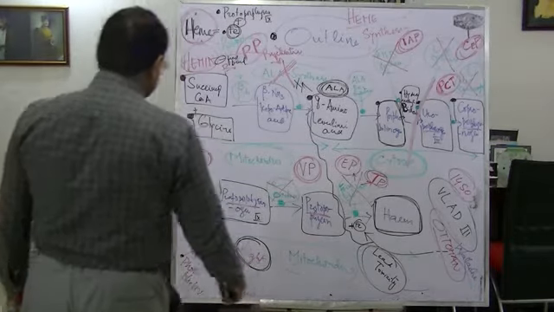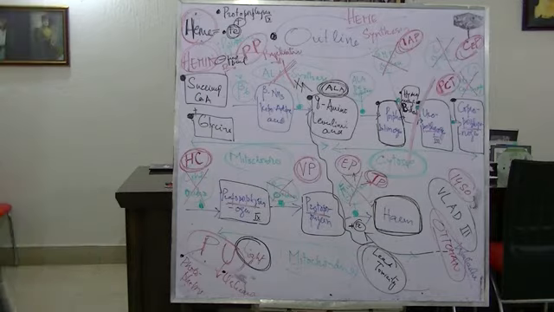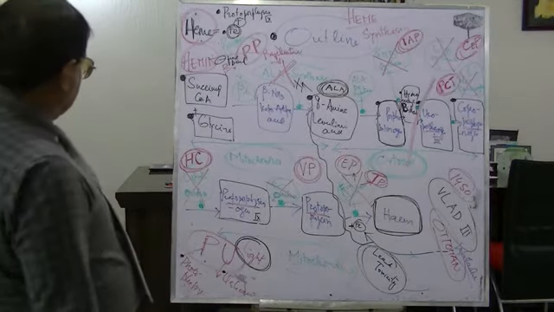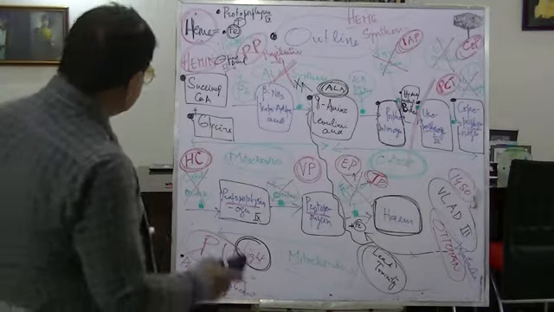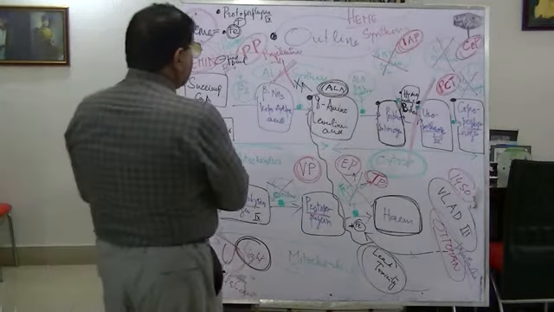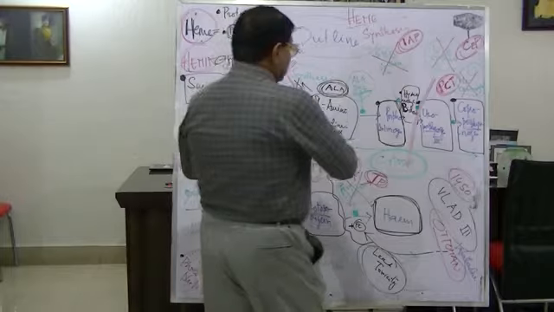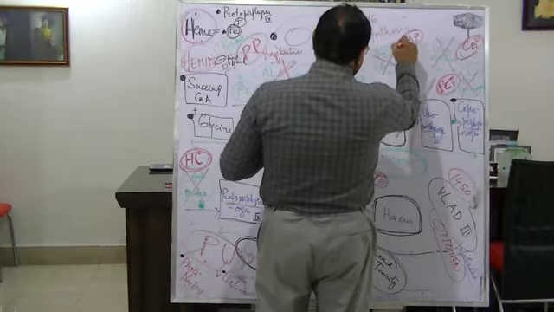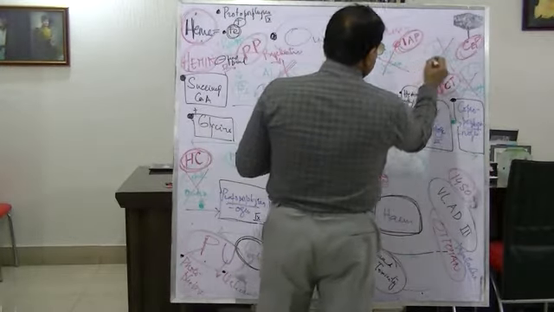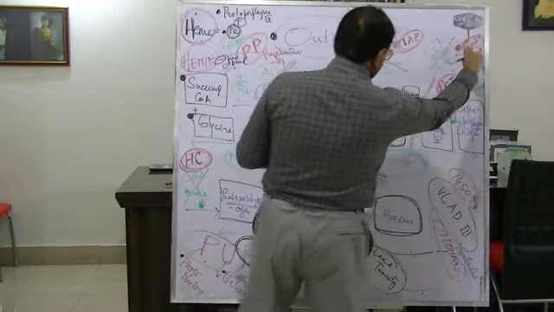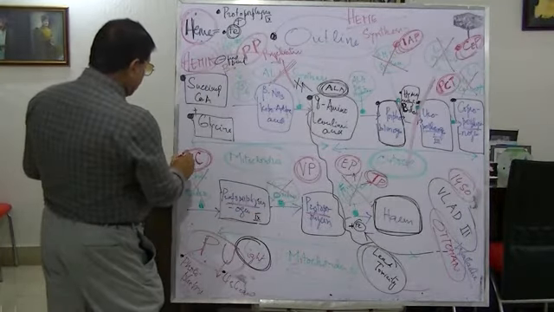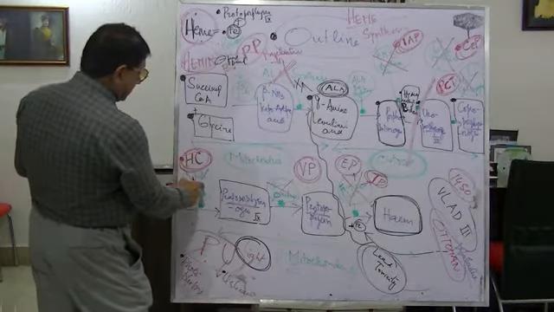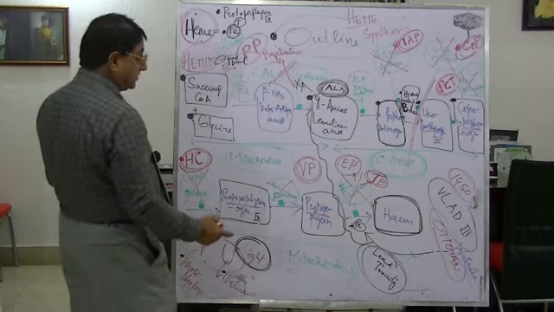So I hope this one is clear. I told you about the steps in the formation of heme. First of all, the steps, then the enzymes in green, and then the disease clinical findings in red, that is intermittent acute porphyria for this enzyme. Congenital erythropoietic porphyria for this. Hereditary coproporphyria over here with this deficient enzyme.